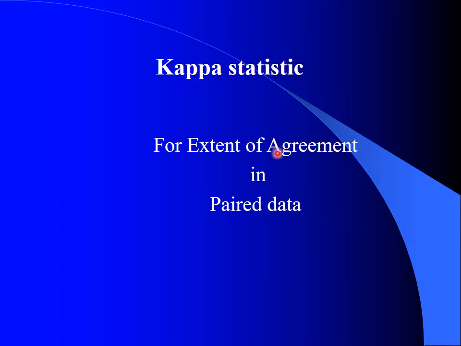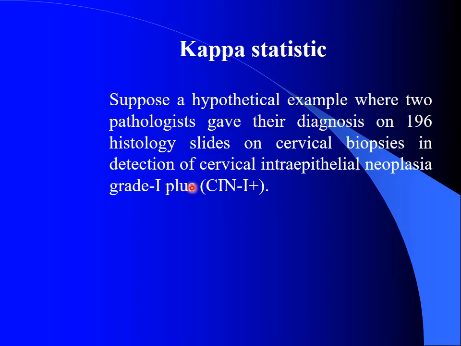The other test is Kappa statistics. This is used for the extent of agreement, inter-observer agreement, and this is also a paired setup. Suppose a hypothetical example where two pathologists gave their diagnosis on a group of histology slides.